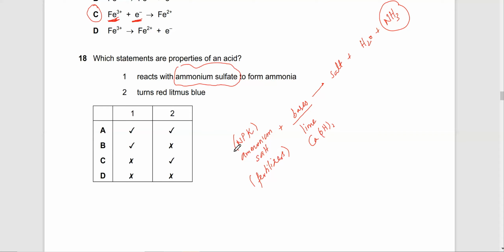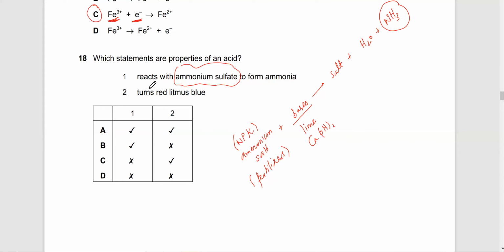The ammonium salts were mostly NPK salts, and they should never be mixed with lime, which you add for neutralizing acidic soils. So there's no role of an acid. It's a reaction with bases.